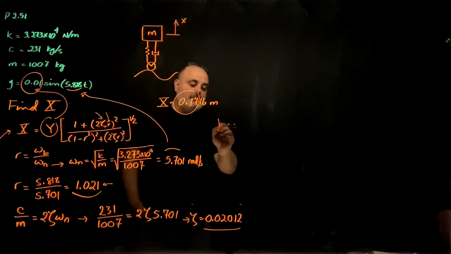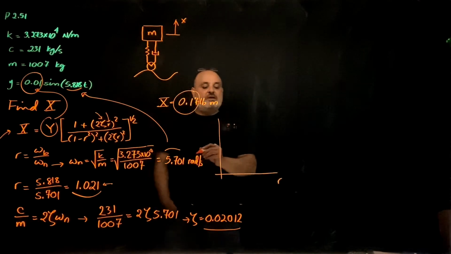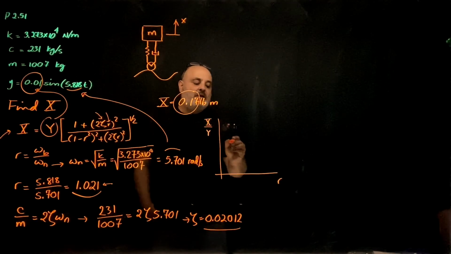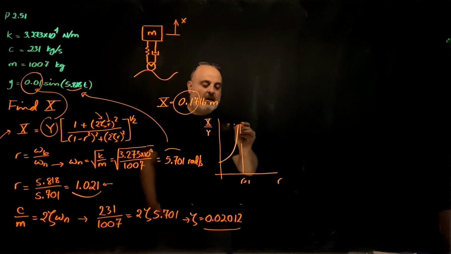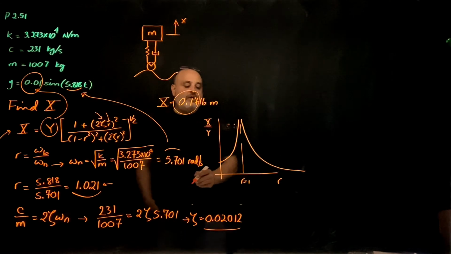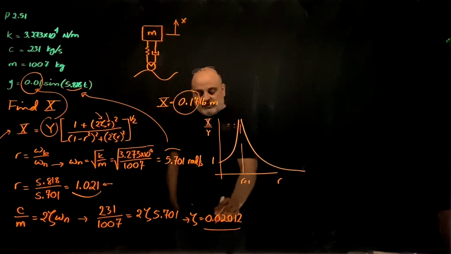So if you recall the r and transmissibility plot, it was near r equals 1, goes to very large value, especially when zeta is very small.